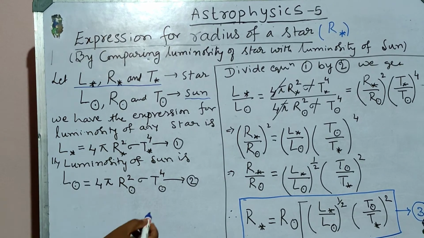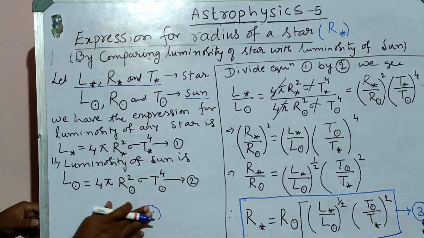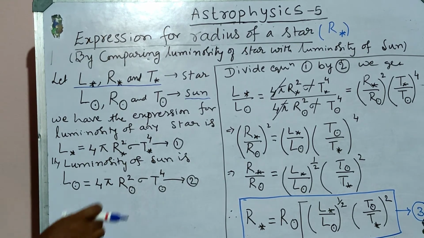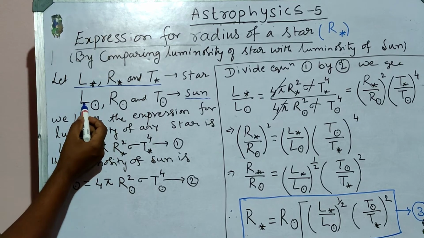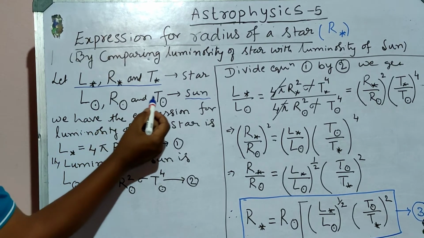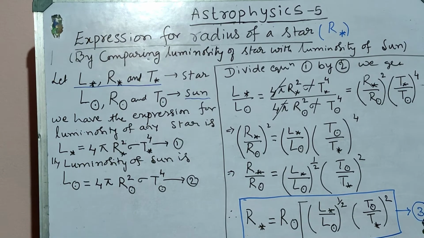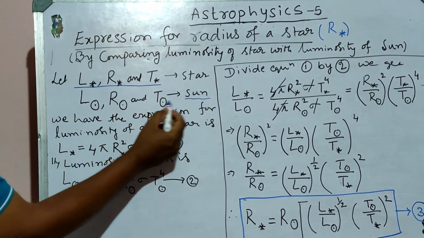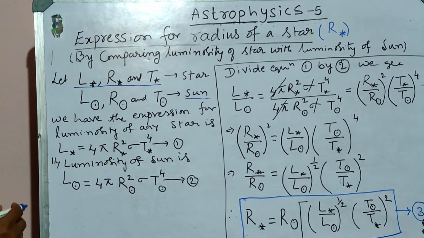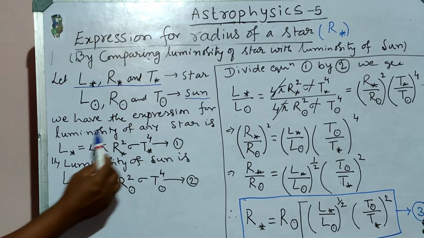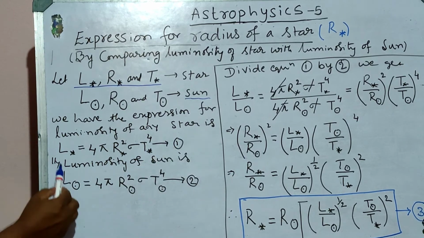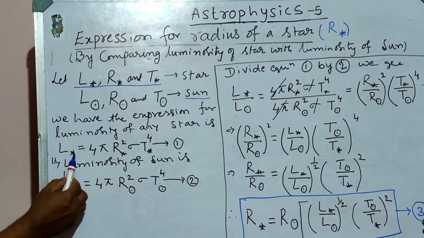Here in the diagram, the circle with a dot at its center refers to the sun. In astrophysics it is an abbreviation. Now L, R and T are the luminosity, radius and surface temperature of the sun. We also have the expression for the luminosity. The luminosity of any star is given by L star is equal to 4 pi R star square sigma T star to the power of 4.